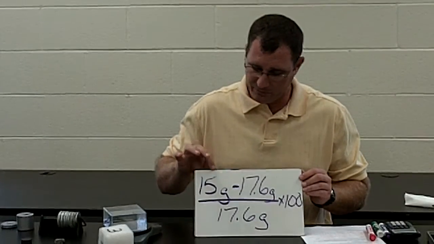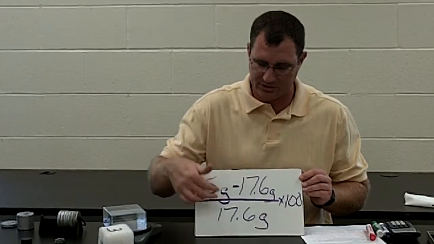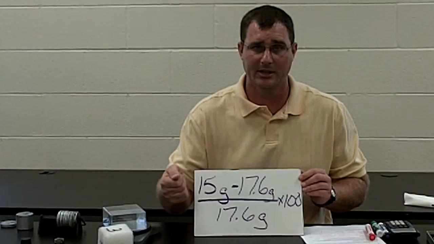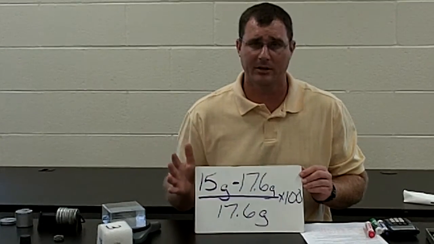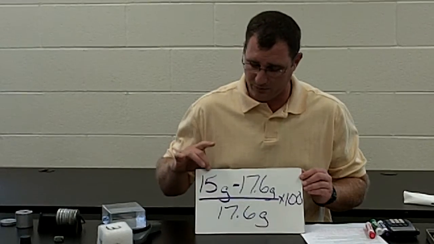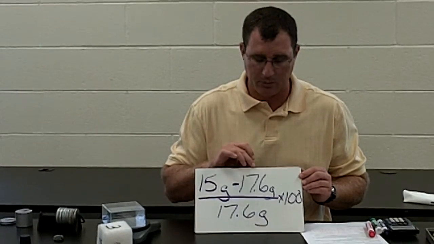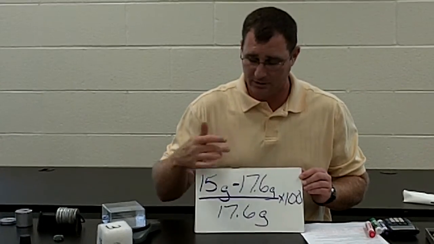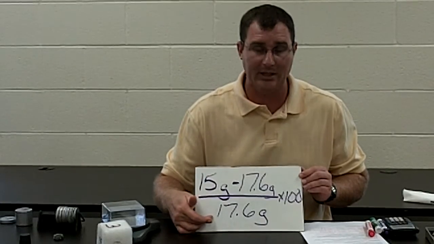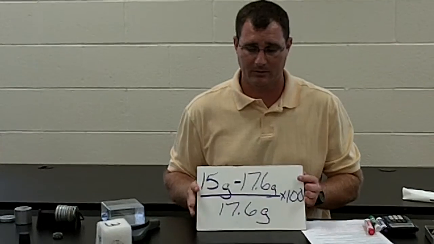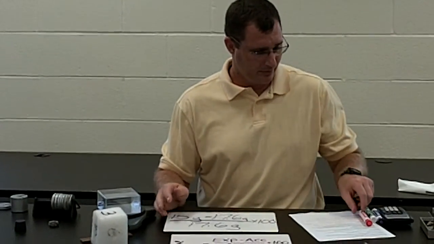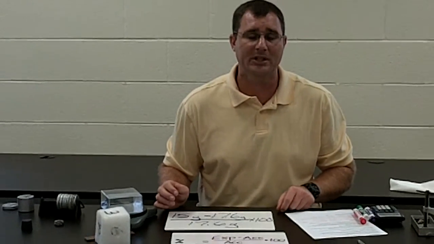A lot of people went 15 minus 17.6 divided by 17.6 and then hit equals. And a lot of calculators will carry out this operation first and they were getting the wrong numbers. So I always go 15 minus 17.6 equals, divided by 17.6 equals, and then multiply by your 100%. When you're done with that, you're going to get negative 14.8%.